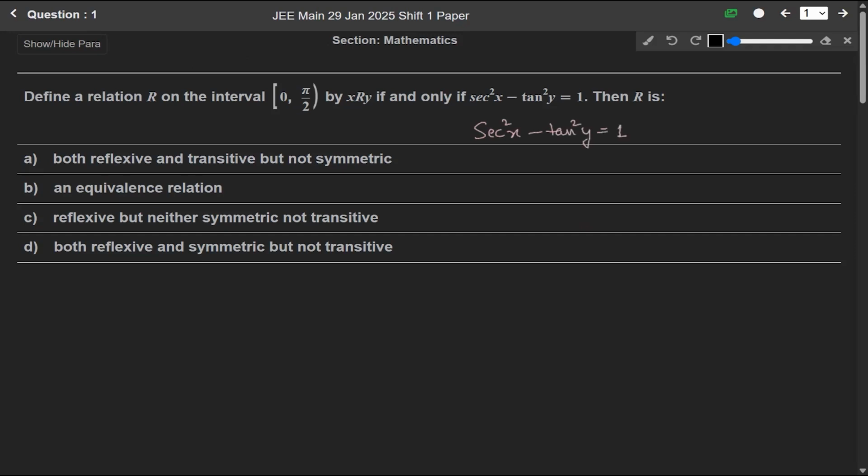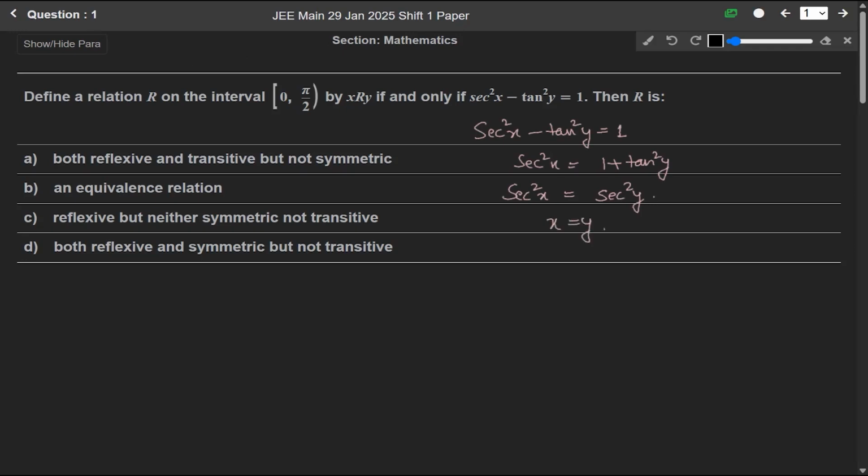We can write it as sec square x is equal to 1 plus tan square y. So it can be written as sec square x is equal to sec square y. So we can write here x equals y.